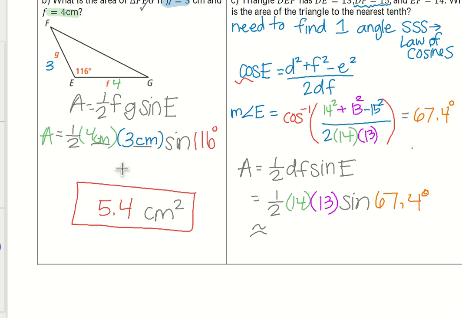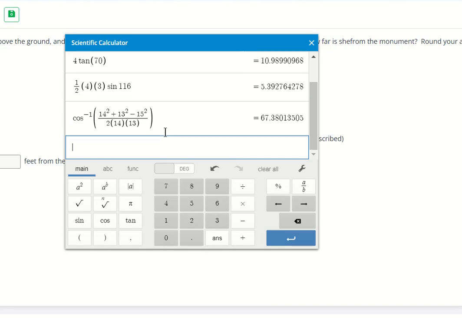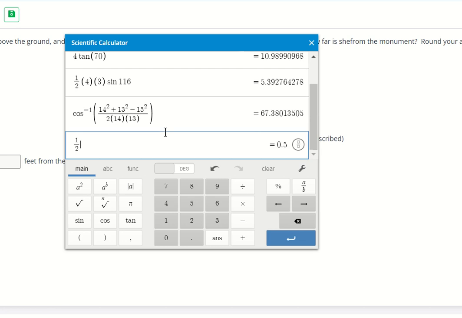So 1/2 times 14 times 13 times sine of 67.4, which is what we used. So that's about 84.0 units.